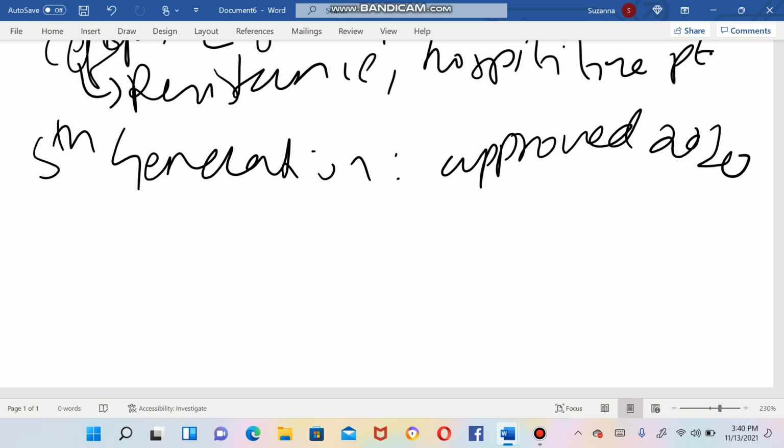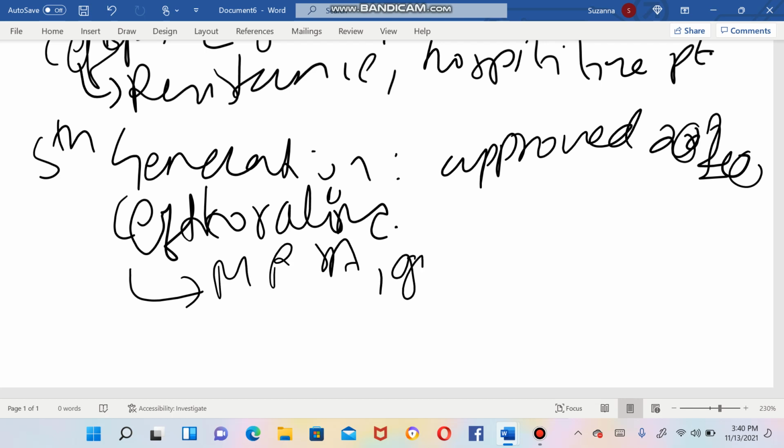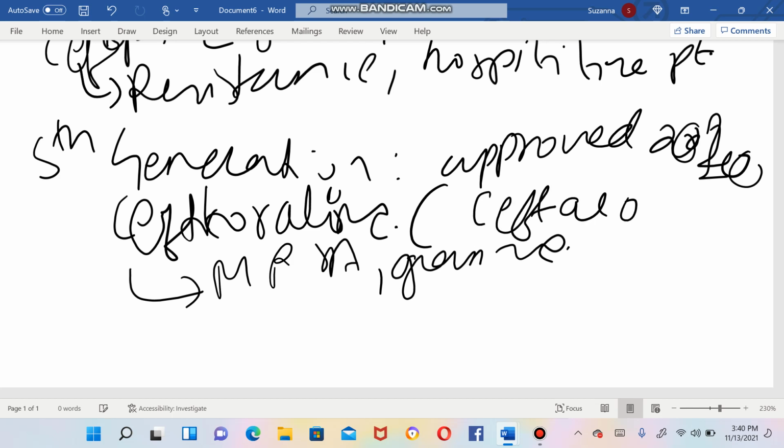It covers MRSA and some gram-negative organisms, and it is studied in skin infection and pneumonia. So you just need to know the name, which is ceftaroline.